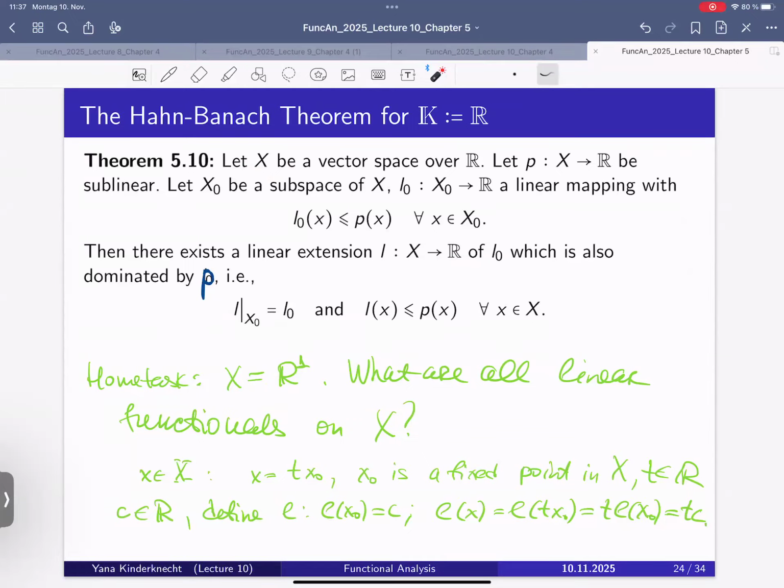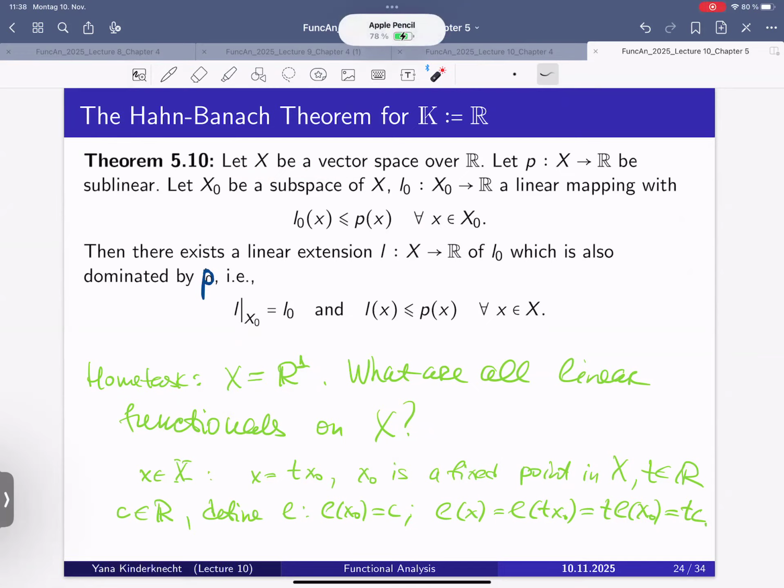You may start from here and extend to an infinite dimensional vector space. So the home task is what happens in R^d: you have a finite dimensional space, so what do all linear functionals on R^d look like? I guess you may also answer immediately, but let us keep it as a home task. Just feel how cool this theorem is.